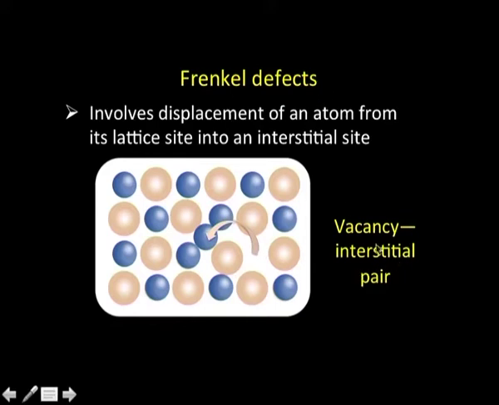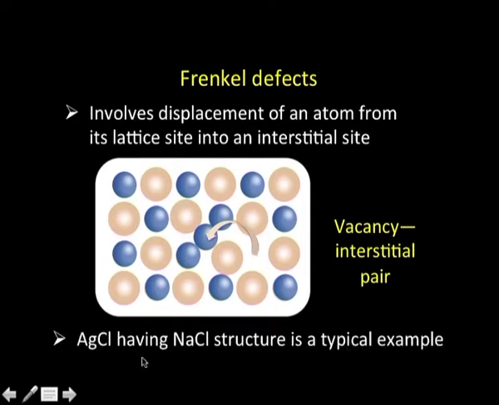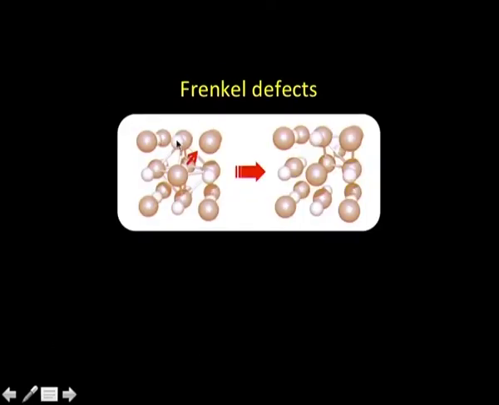Basically, the Frenkel defect essentially constitutes a vacancy-interstitial pair, and silver chloride, having the sodium chloride structure, is a typical example. Let us understand this. This is a typical sodium chloride structure, and these white spheres here are the silver ions.